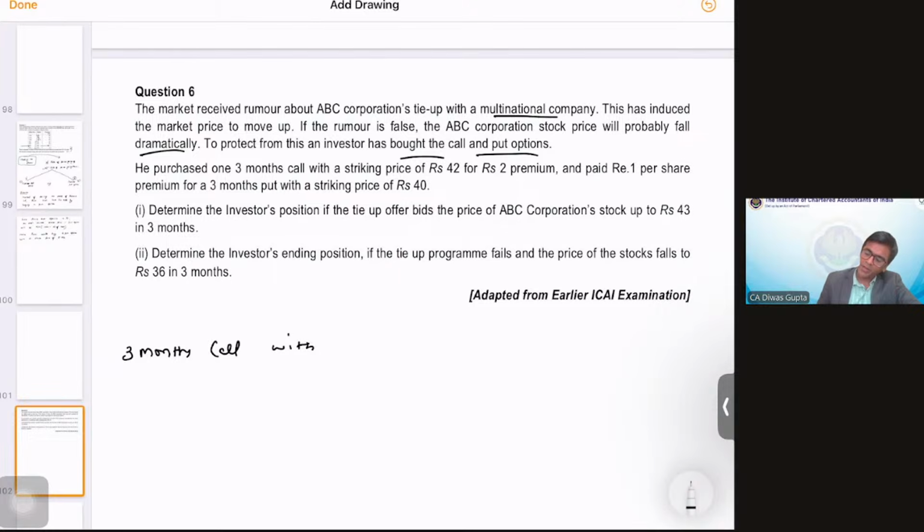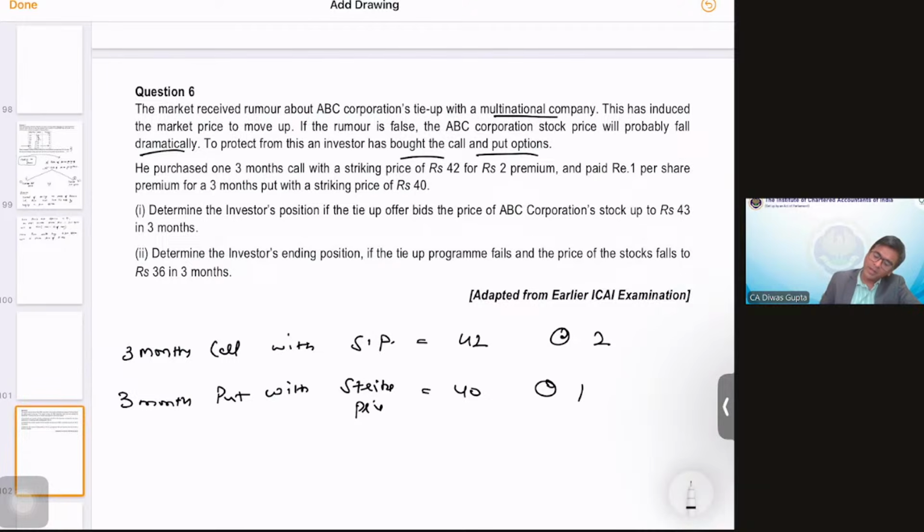Let's see the requirement of the question. 3 months call with strike price of 42 at the rate of 2, and 3 months put with strike price of 40 at the rate of rupees 1.